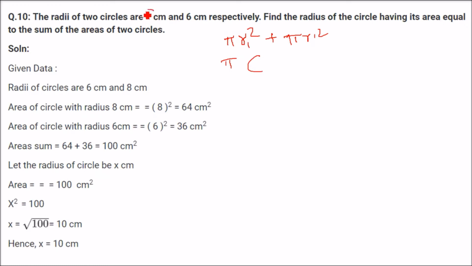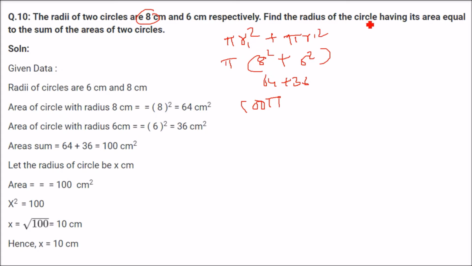So you can take pi common. 8 square plus 6 square. 8 square is 64, 6 square is 36. So this is 100. So 100 pi is the sum of the areas of the two circles.